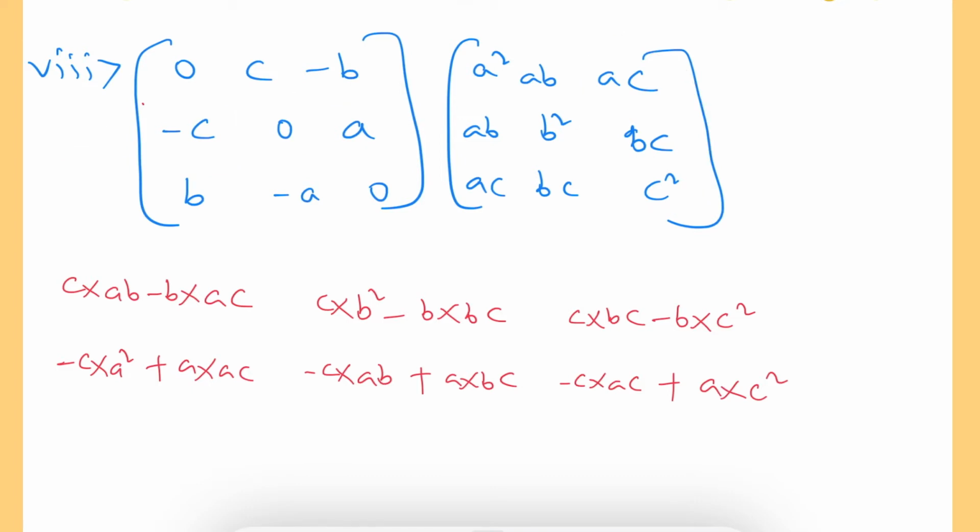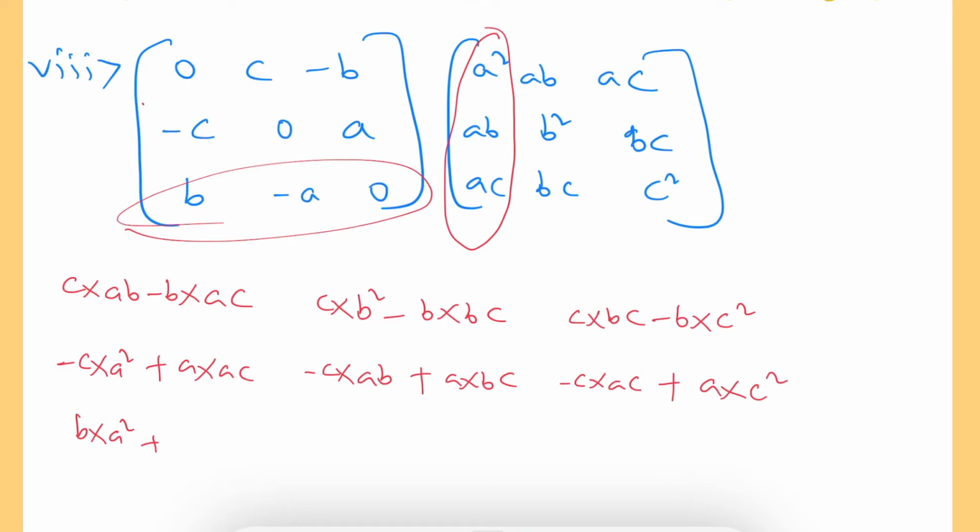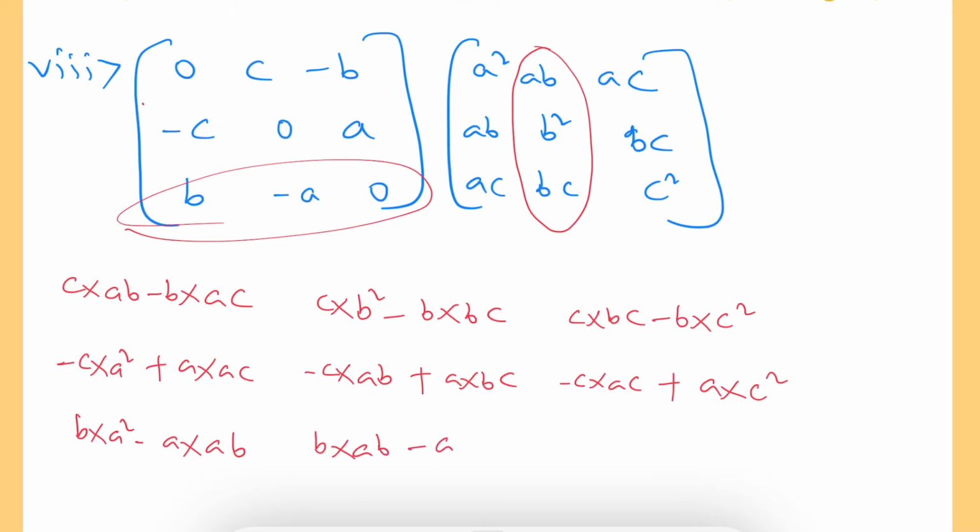Let's move to the third row and first column. B into A square, sorry, not plus, minus is there. So minus A into AB. Next one 0 is there, so 0 is not necessary. Next, second column: B into AB minus A into B square.